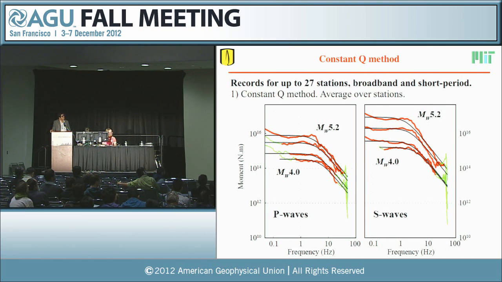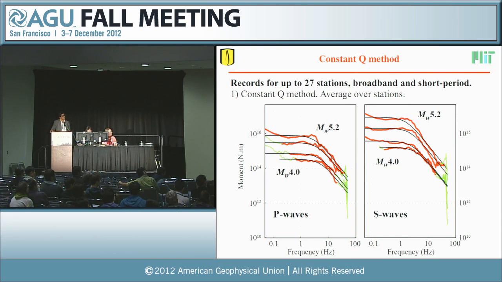On the figure, I'm showing you the spectral estimates after attenuation correction for these Bucaramanga earthquakes located at 150 kilometers depth approximately. We're talking about 250 events, although I'm showing just 4 examples. The red lines represent the data that has good signal-to-noise ratio.